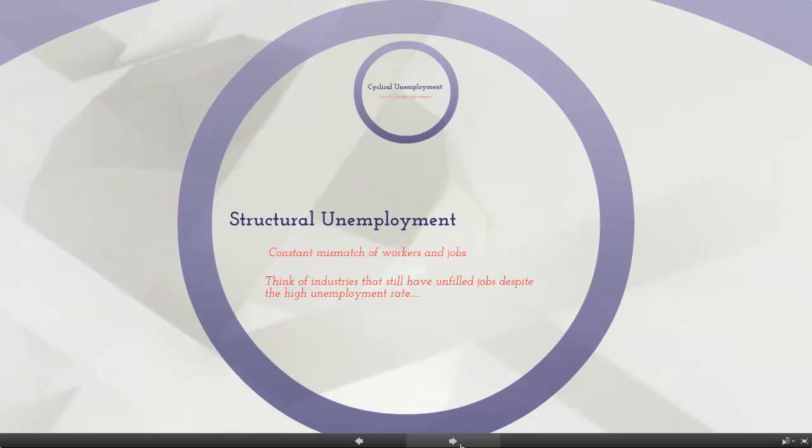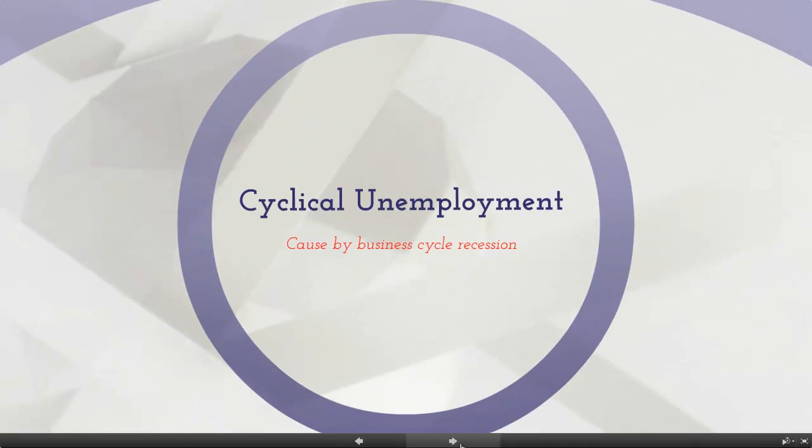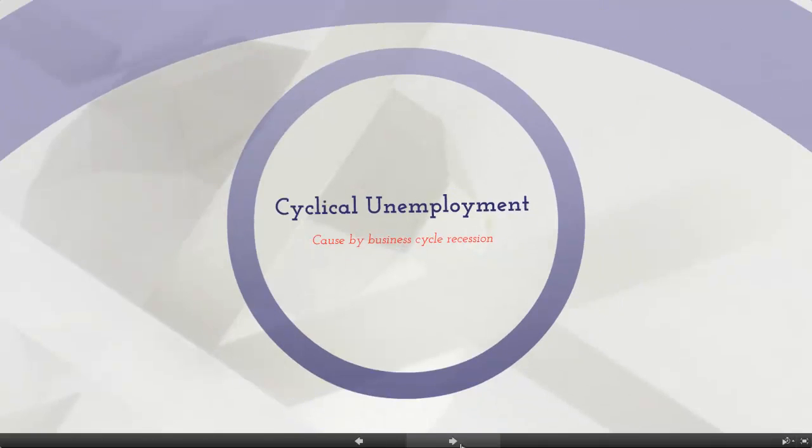So this is what is called structural unemployment. And then we have cyclical unemployment, and this is caused by a business cycle or recession. In 2008, we had a recession, and businesses weren't hiring and they were laying off employees, and this is cyclical unemployment. When business gets better, the idea is cyclical unemployment goes away.